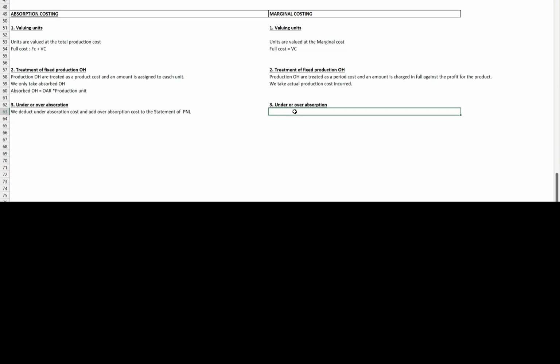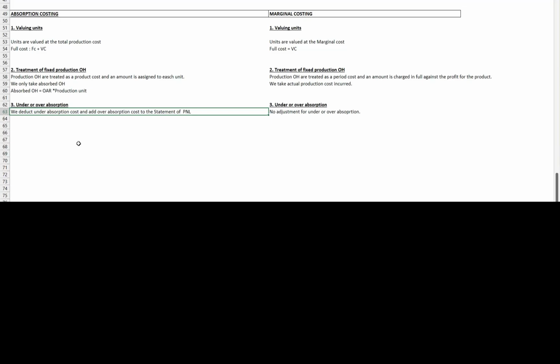Okay. So now let's talk about marginal costing, as there is no over and under absorption. So here there will be no adjustment for under or over absorption, right? So basically what I mean to say, in absorption costing, there will be under or over absorption.